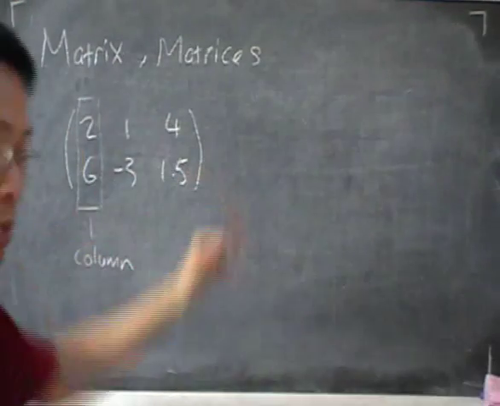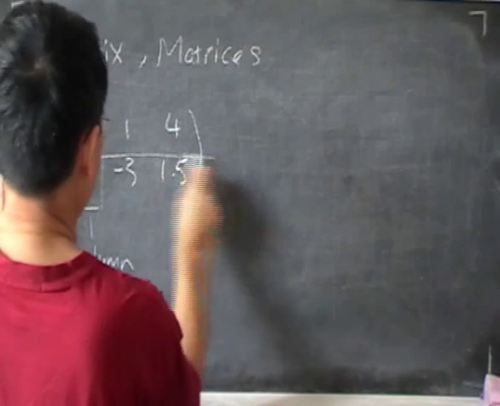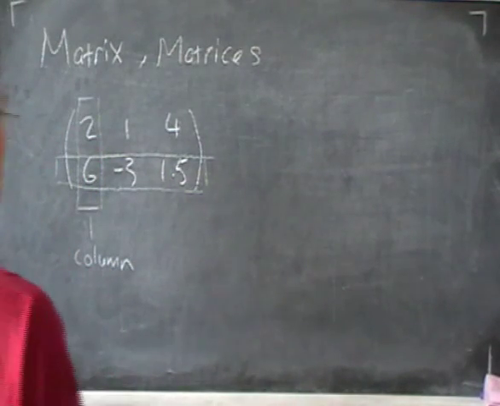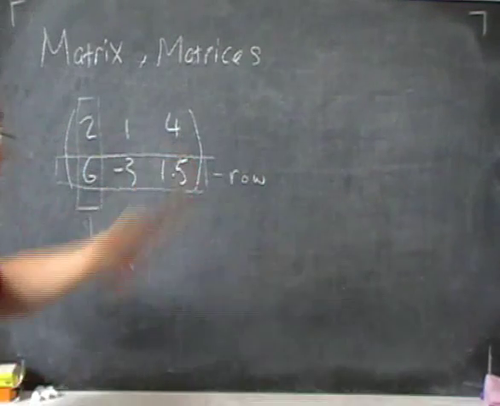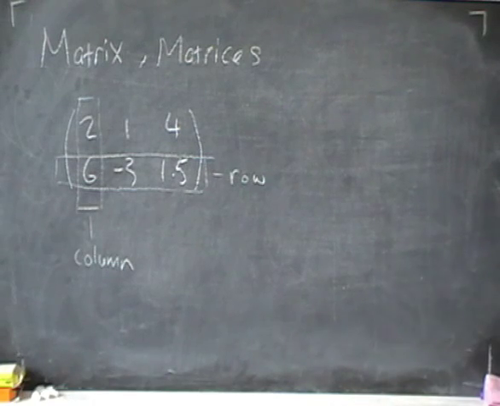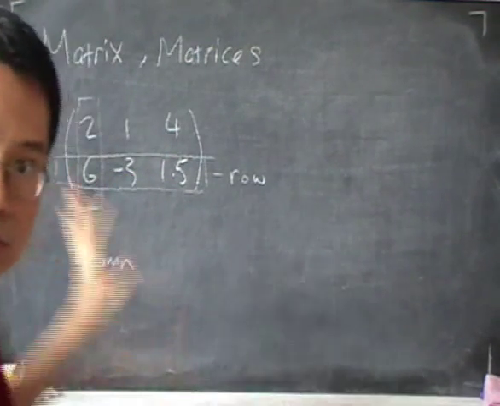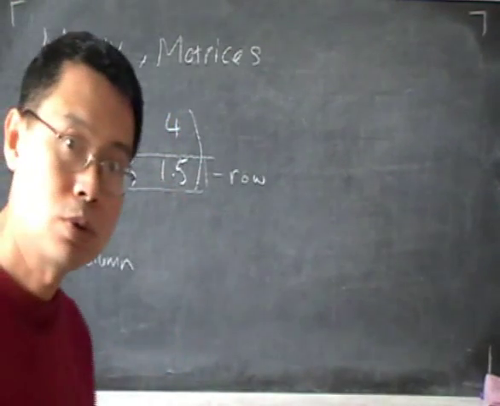So we have 3 columns here, and this horizontal set of 3 numbers is called a row. So that means that I have 3 columns in this example, and I have 2 rows.